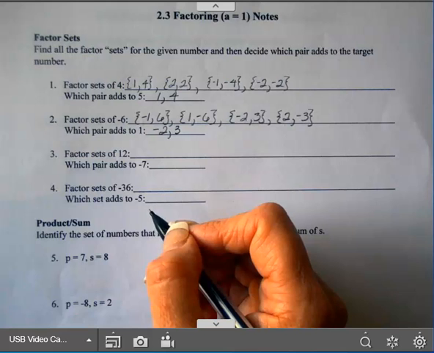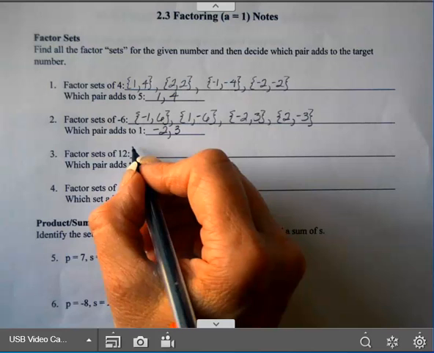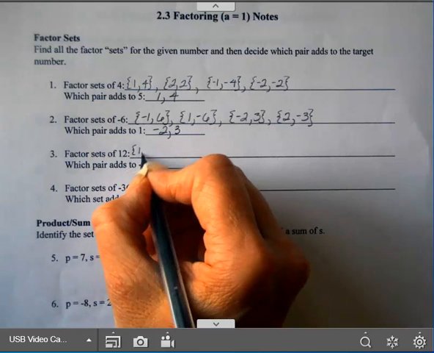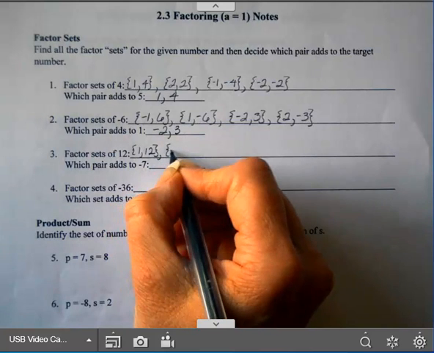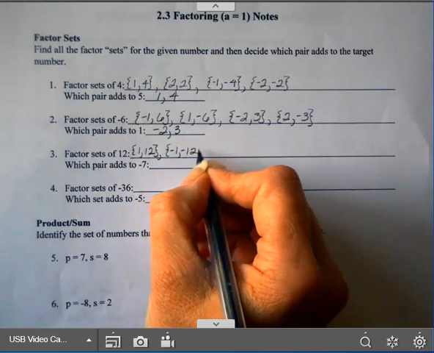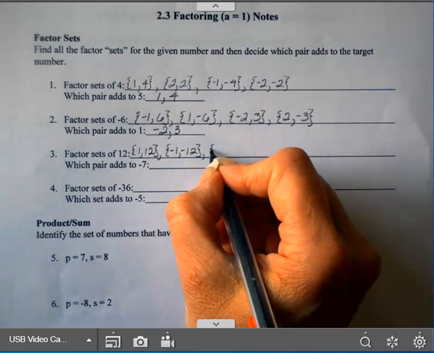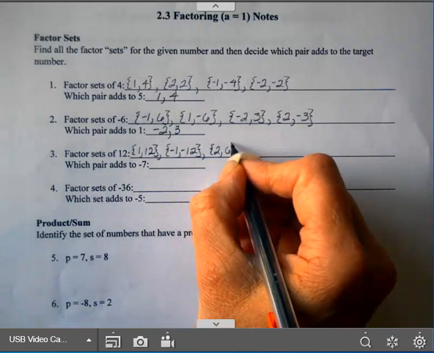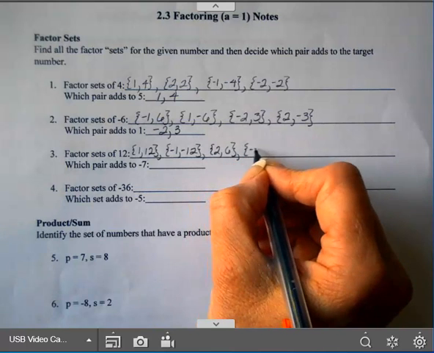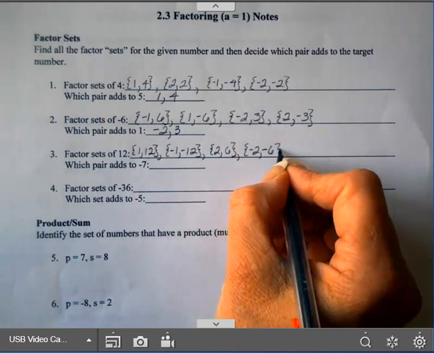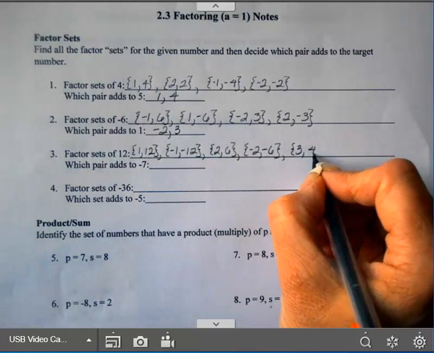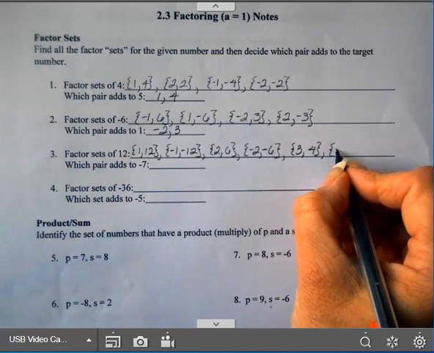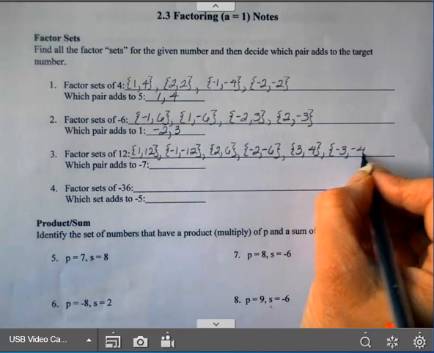For the factor sets of 12, they can either both be positive or both be negative. So I have 1 and 12, -1, -12, 2 and 6, -2, -6, and then 3 and 4, -3 and -4.